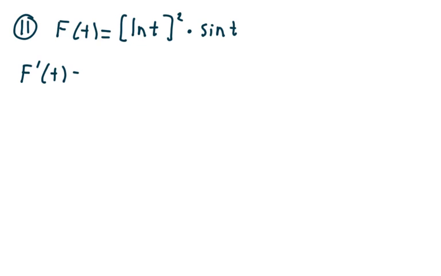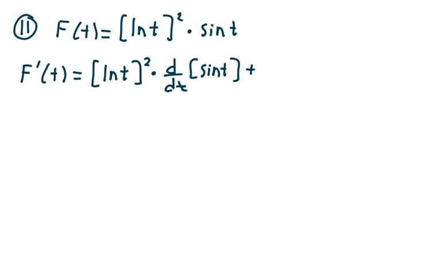So for f prime of t, we're going to write down the first function, which is natural log of t to the second, and multiply by the derivative of sine t with respect to t. And then I'm going to add the second function times the derivative of natural log of t squared with respect to t.